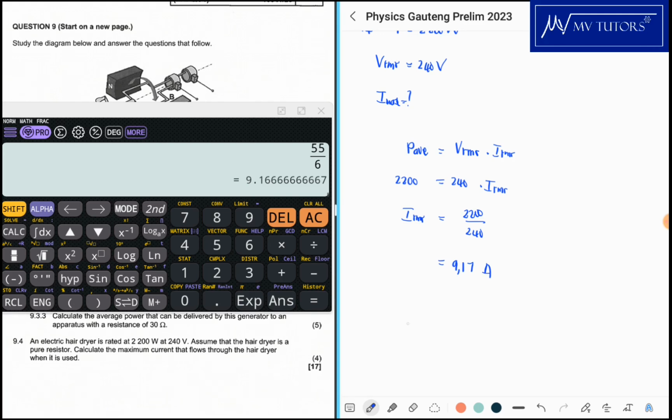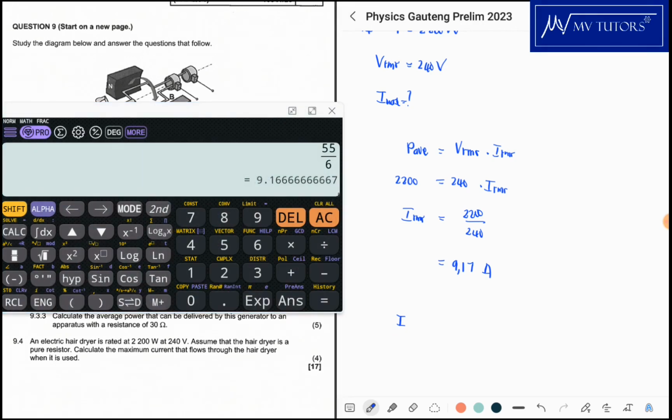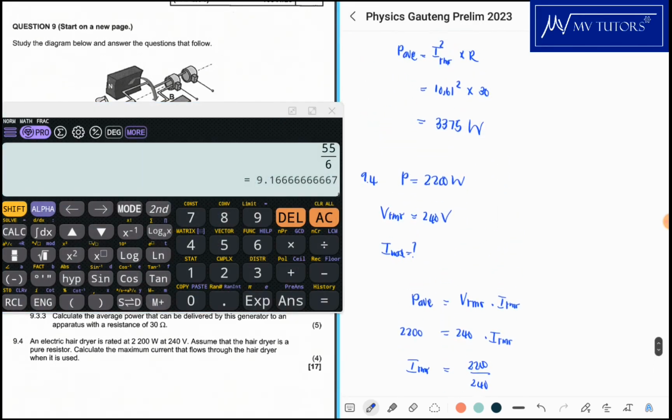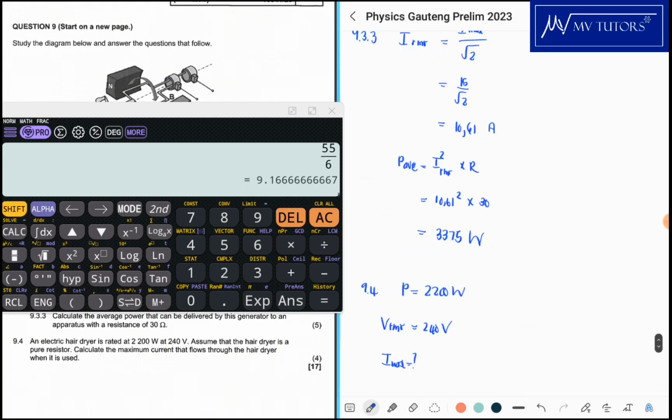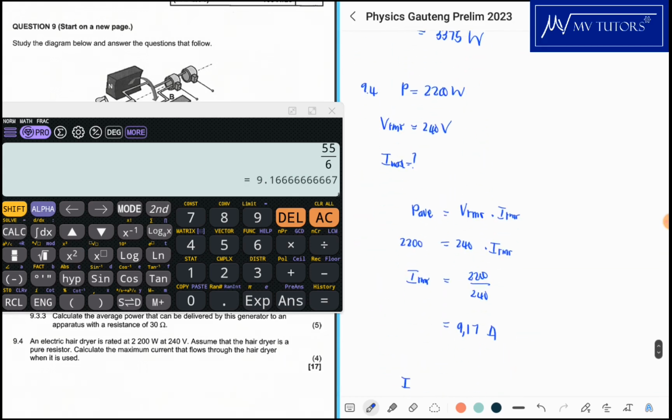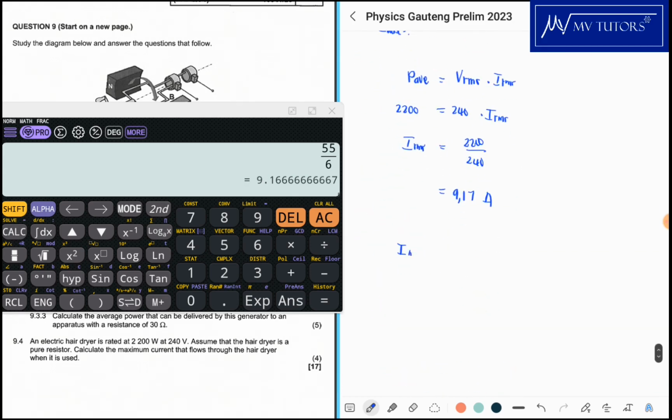And then in order for us to get Imax, we're basically going to use this equation. IRMS is equal to Imax over root 2.